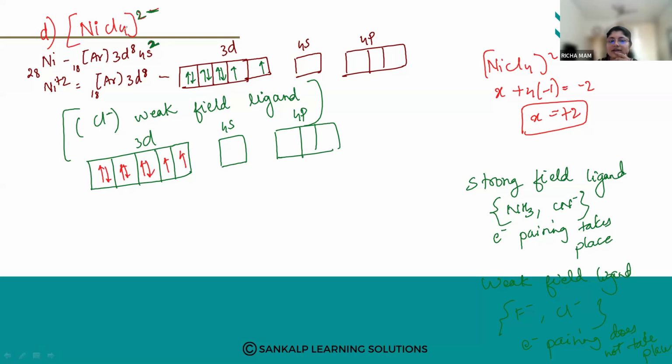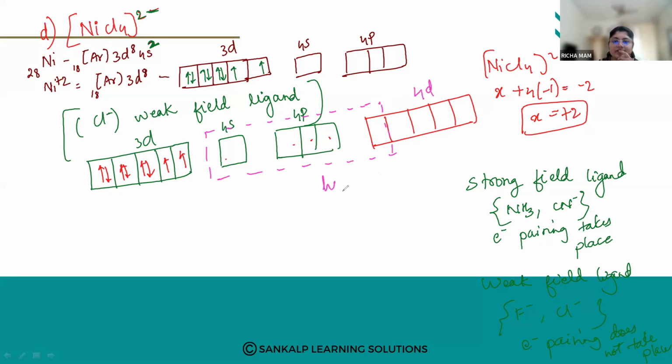Now, how many chlorine atoms are there? 4. There is availability of only 3, so what we require are the outer orbitals. So we are going to make use of 1, 2, 3, and 4. Can anyone tell me the hybridization now? So this is 4D.